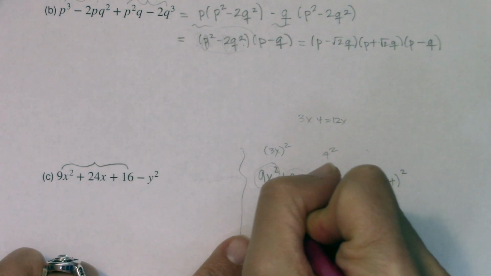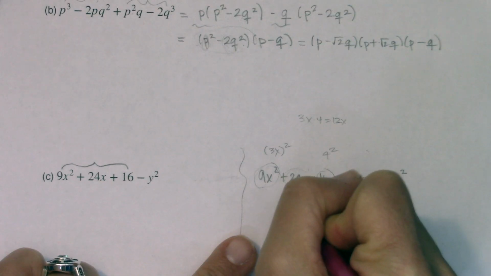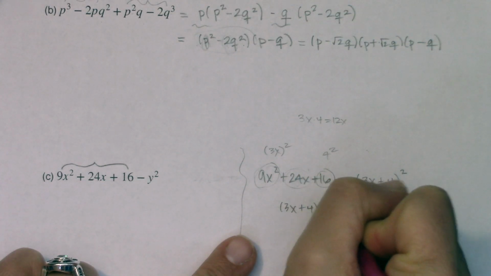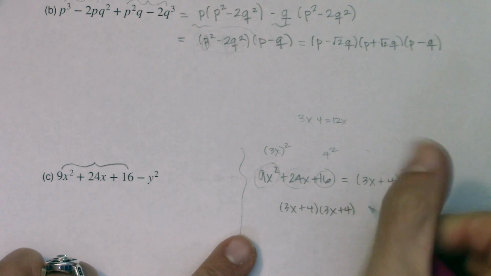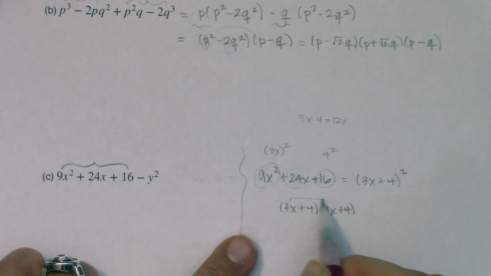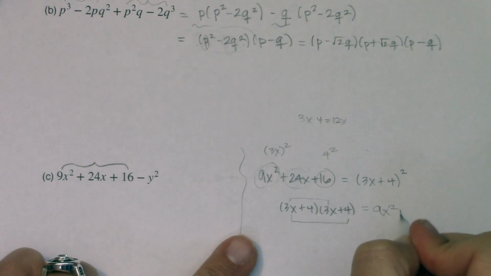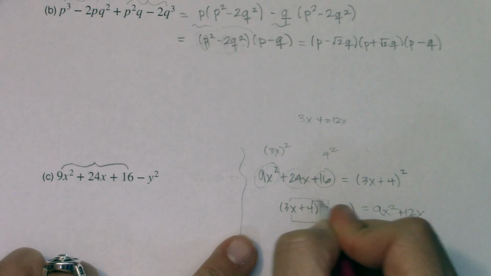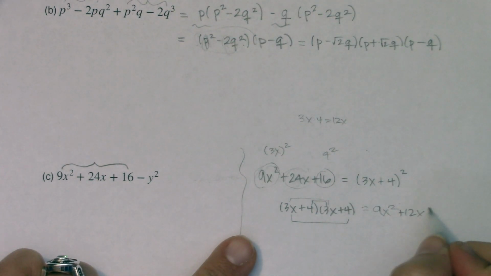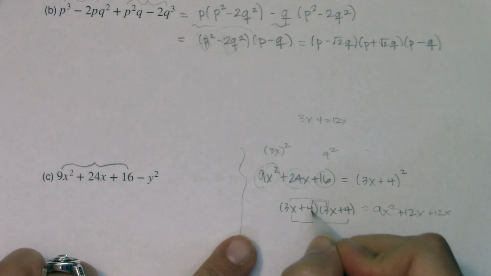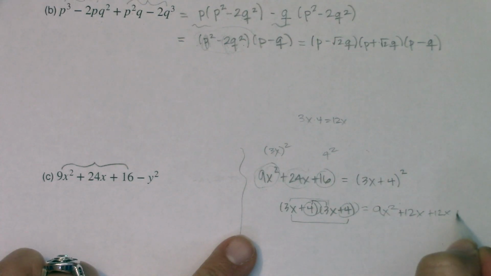Okay, and if you don't believe it, let me just play this out. 3x plus 4 times 3x plus 4. If we were to FOIL this, 3x times 3x is 9x squared. Outer, 3x times 4 is 12x. Inner, 4 times 3x, also 12x. Last, 4 times 4, 16.